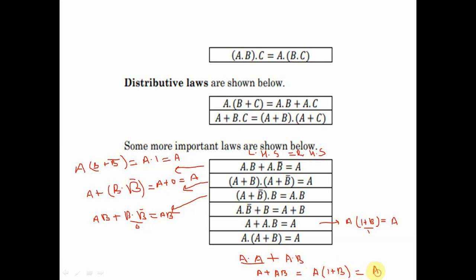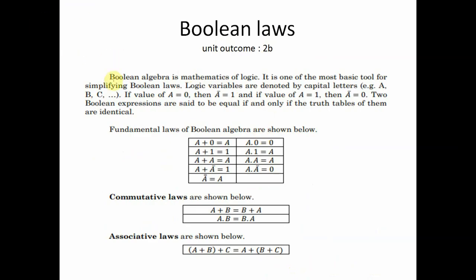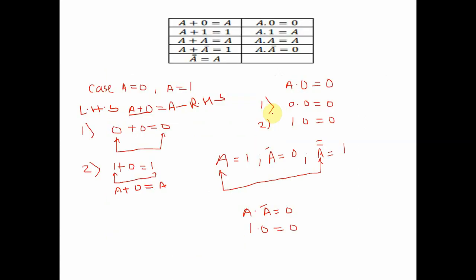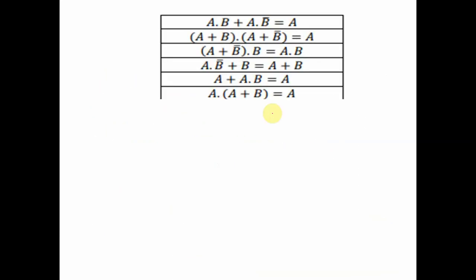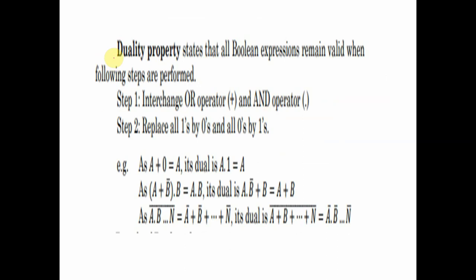So the final answer is A. This is how to solve the equations. LHS side is equal to the RHS side. So Boolean expressions are said to be equal if and only if the LHS side is similar to its RHS side.